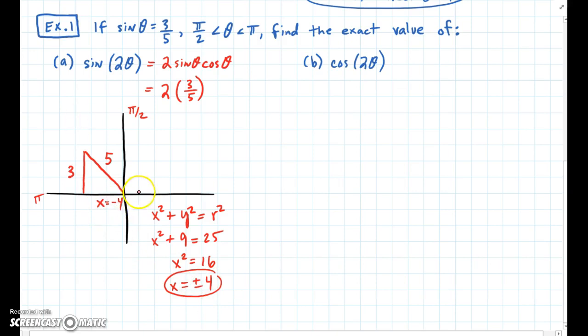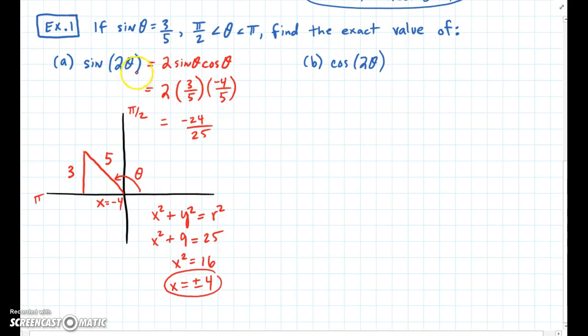Now that we have the triangle representing theta, we can figure out cosine. Cosine is adjacent over the hypotenuse. Now we can simply multiply: 2 times 3 is 6, times negative 4 is negative 24, and 5 times 5 is 25.